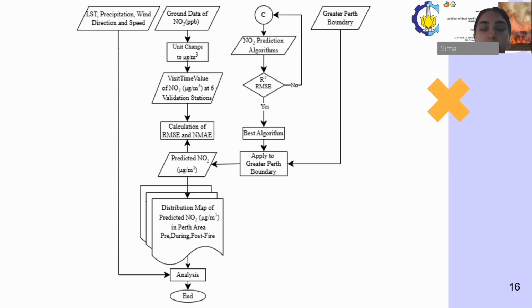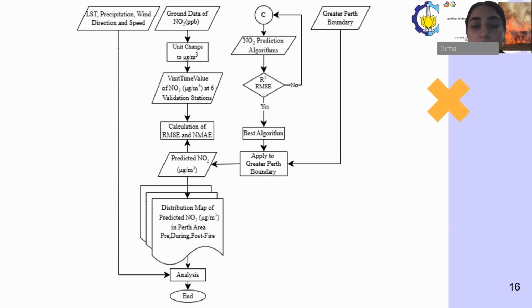Then the predicted nitrogen dioxide in microgram per cubic meter was obtained, and then the RMSE and NMAE were calculated for each of the 6 validation ground stations, to see how the accuracy is after applying the model and before applying the model.